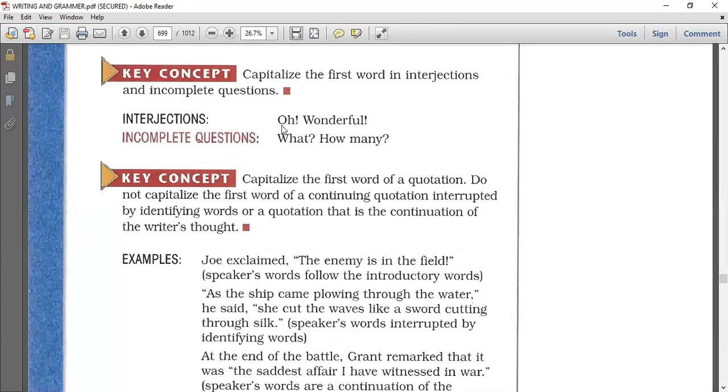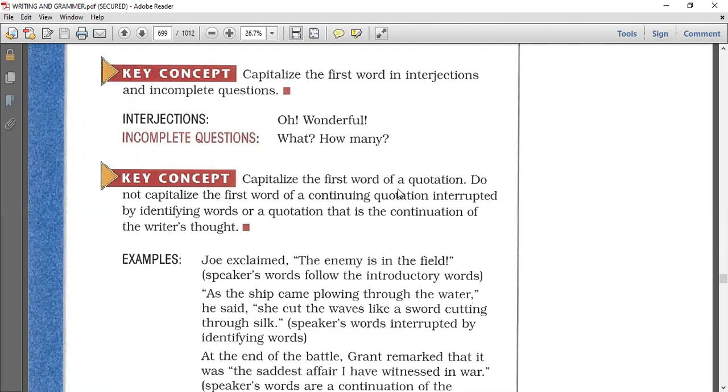As you can see, we have the capital O here, O, and capital W, O and wonderful. These are interjections. Again, capitalize the first word in interjections and incomplete questions. If we have an incomplete question like this, what? This is not a complete sentence, as you know. We capitalize the W. How many? We capitalize the H, as you can see.